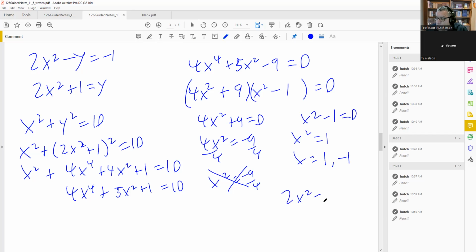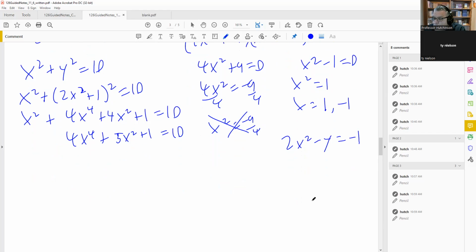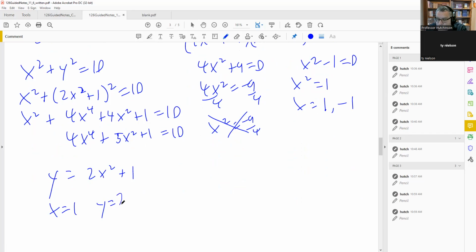2x squared minus y equals -1. Let's do that down here. So I have y equals 2x squared plus 1 there. If x equals 1, then we have y equals 2 times 1 squared plus 1, so I get y equals 3.